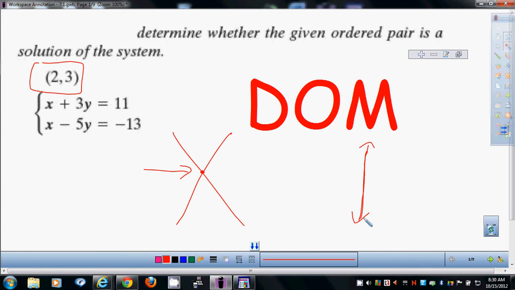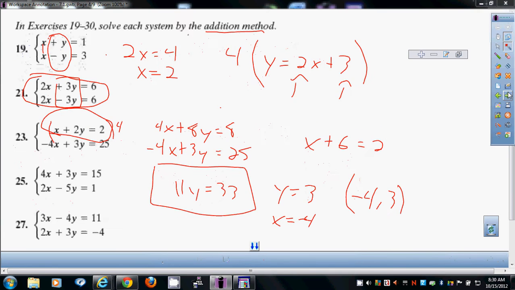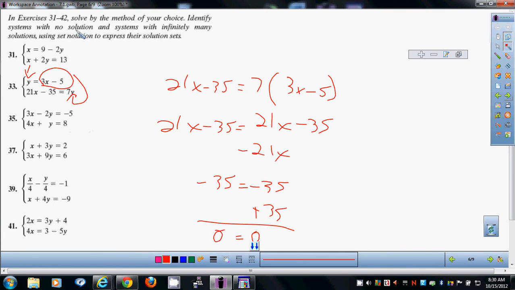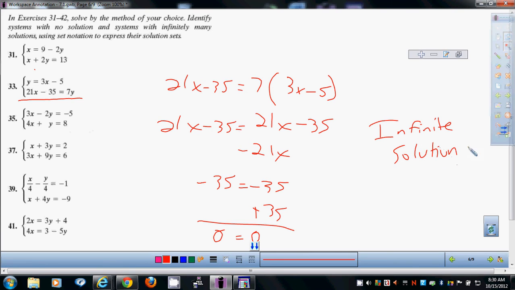So there's infinitely many solutions. If we go back, I bet we can almost see that. Yeah, this one has a slope of 3 and a y-intercept of negative 5, and this is the same exact equation, just multiplied through by 7. So that's why we got this. So the actual answer here is infinitely many solutions.